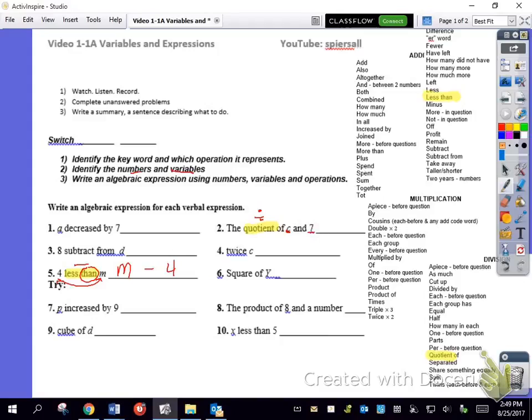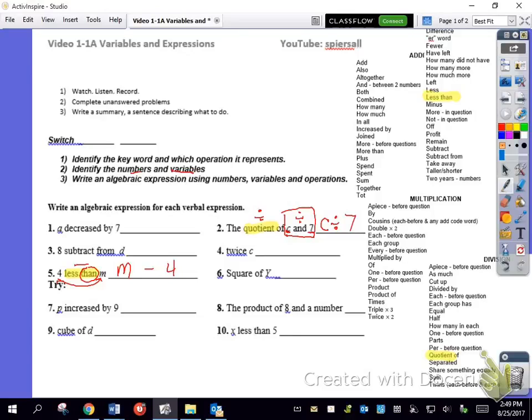I have to go in that order. So C is going to go first. And then where you see the and, that is your division. C divided by 7. So when it says quotient of, it will say blank and blank. You just go in that order. Okay? C divided by 7. Where the and is, that's your division.